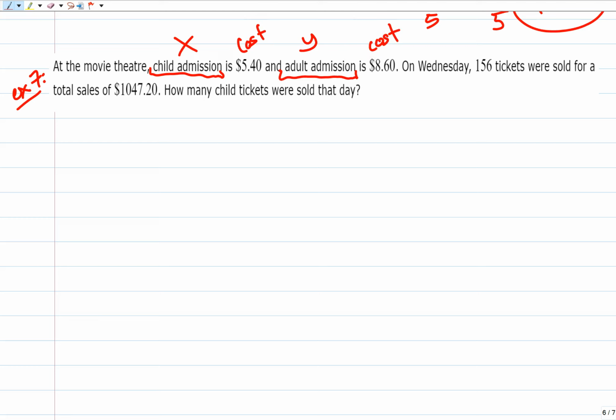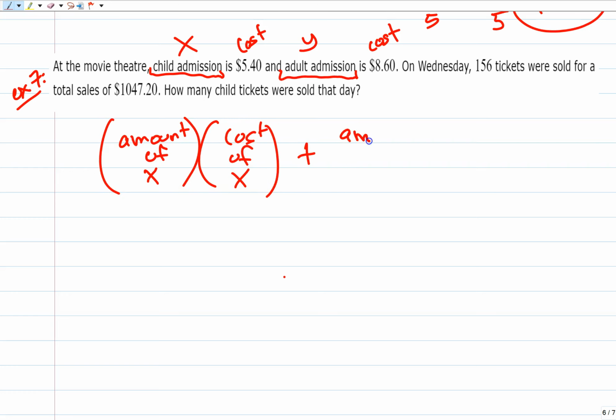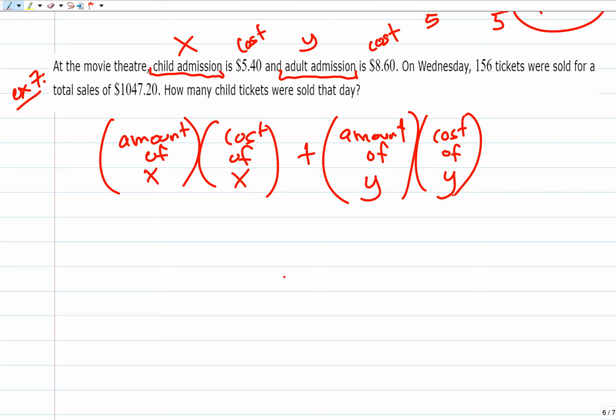It should make sense. When we know how many we sold, it's the amount times the cost. It's basically the amount of X times the cost of X plus the amount of Y times the cost of Y. If I multiply the amount times the cost and add them all up, I get a total cost or total money brought in.